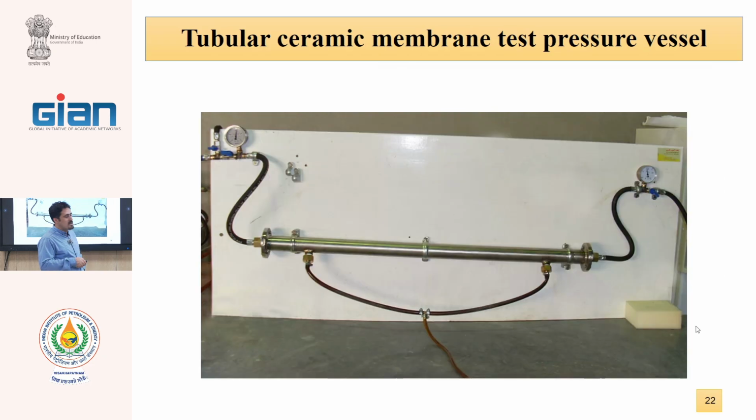This is a setup of the ceramic tubular membrane with a length of 1 meter. We have a pressure gauge for the entrance, a pressure gauge for the concentrate, this valve for control of flow, and here we collect the permeate.